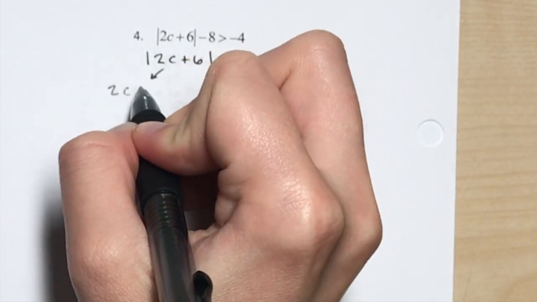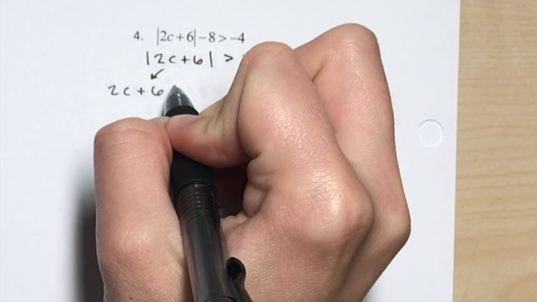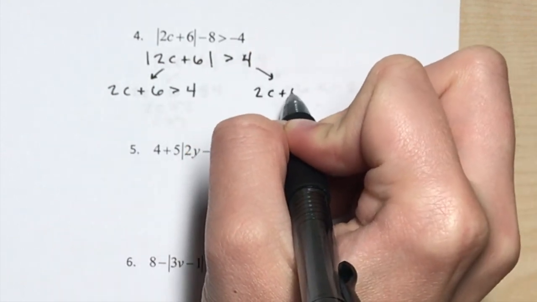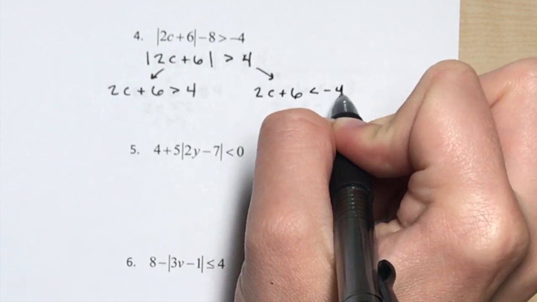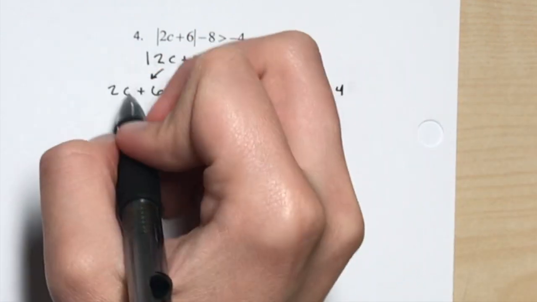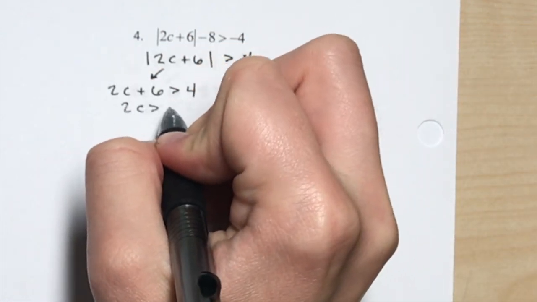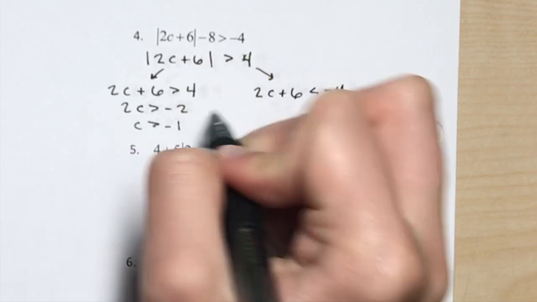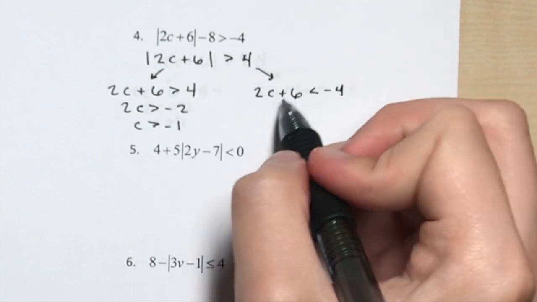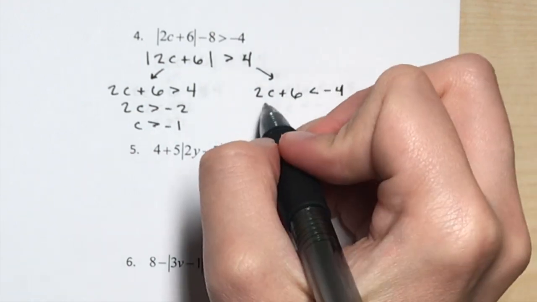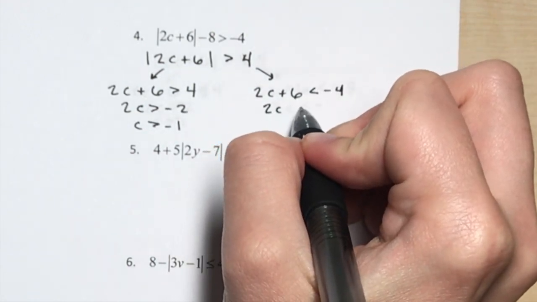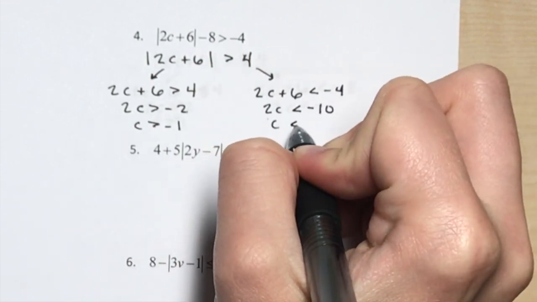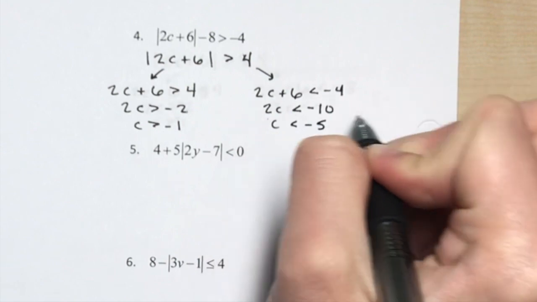We've got 2c plus 6 is greater than 4, and 2c plus 6 is less than negative 4. We move that 6 over. We get negative 2. When we divide by 2, we get negative 1. We do the same thing on this side. We have 2c is less than negative 10, so c is less than negative 5.